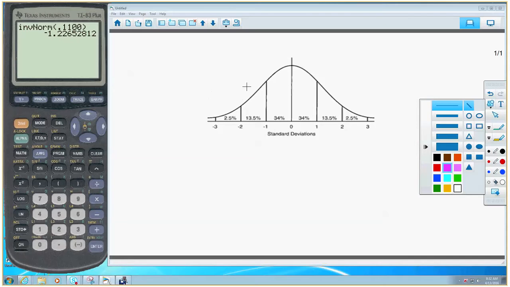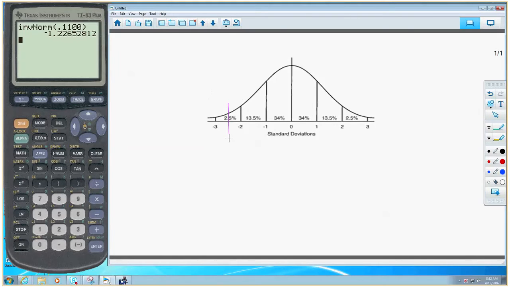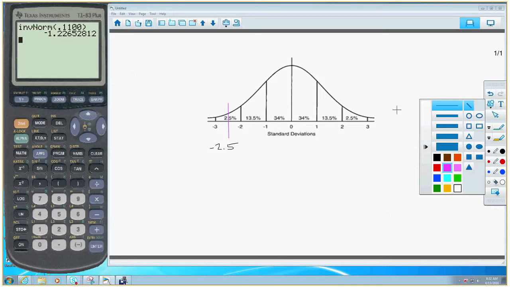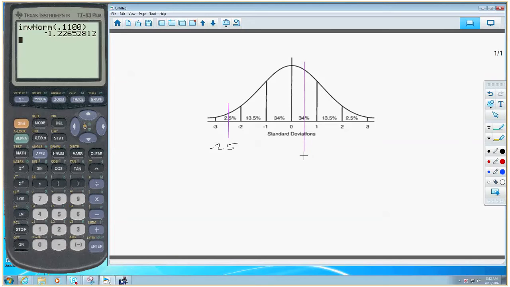Give me the area between -2.5 and 0.75. Don't look like 0.75, but don't look at the picture, just look at the numbers.